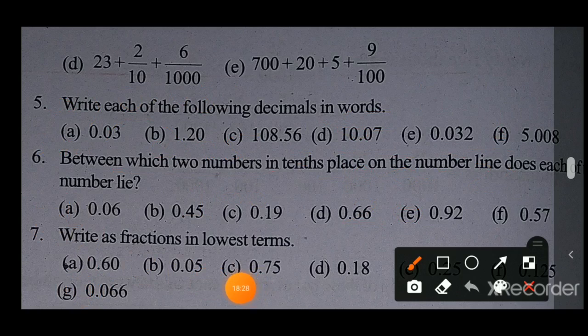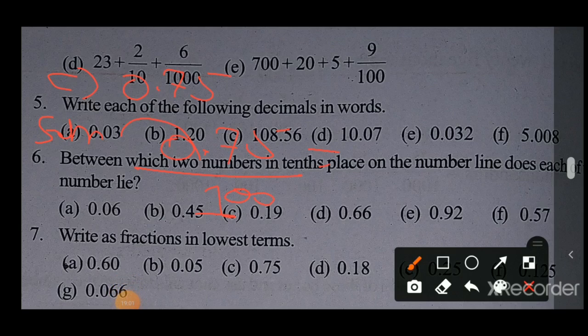Now the C part, that is 0.75. So here we can write it is C, 0.75. In solution we can write it is 0.75 upon 1. After removing the decimal, there are two digits after the decimal. So we write two zeros with the 1.